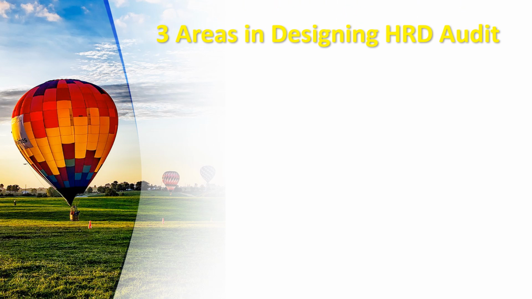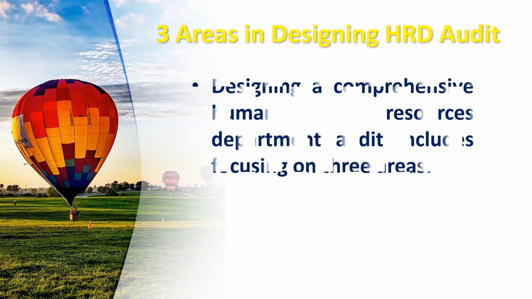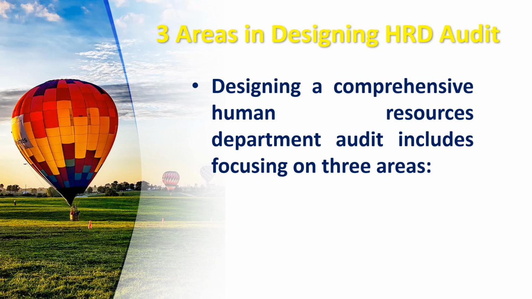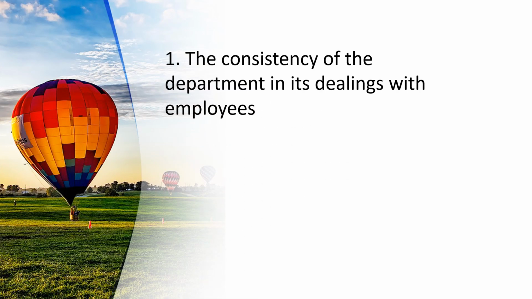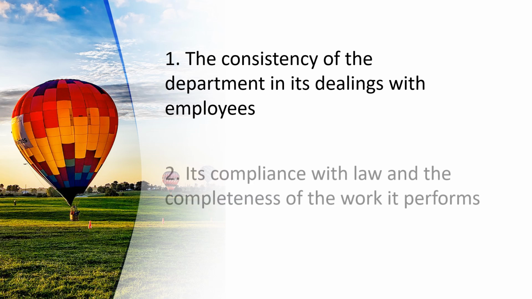Here are the three areas in designing human resource department audit. Designing a comprehensive human resources department audit includes focusing on three areas. First is the consistency of the department in its dealings with employees.